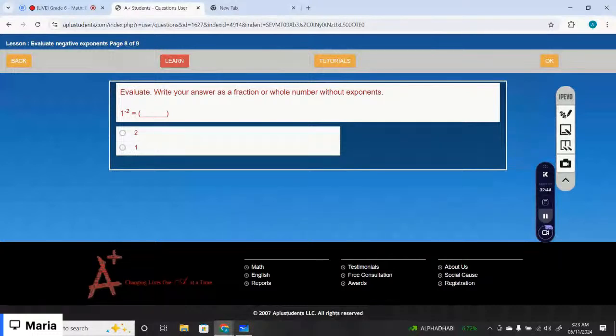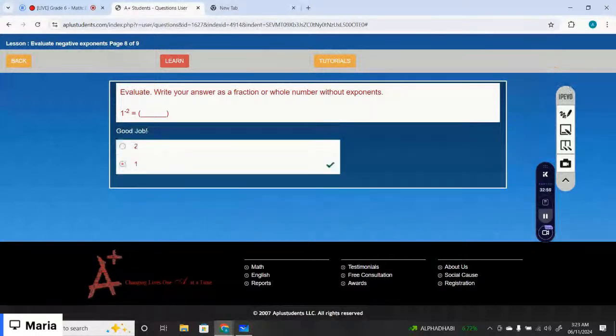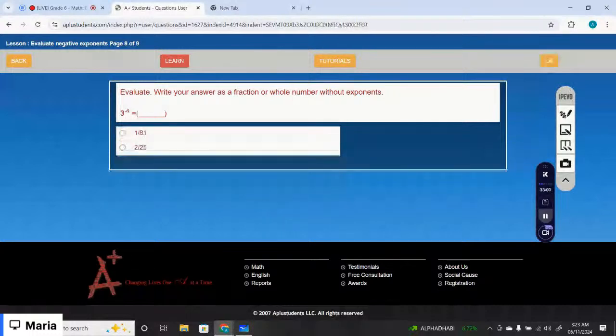No, 1 exponent negative 2 is 1, not 2. Whatever exponent is for 1, the answer is always 1. 1 times 1 times 1 times 1 is always 1, right? No matter how many ones they are, right?